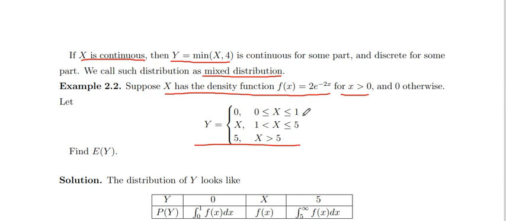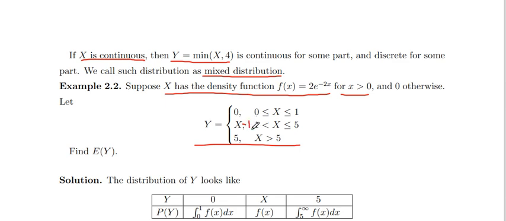If X is the damage, and the damage is less than 1, they will pay 0. You should pay. And so when X is between 1 and 5, they will pay all, but actually they should pay X minus 1, right?